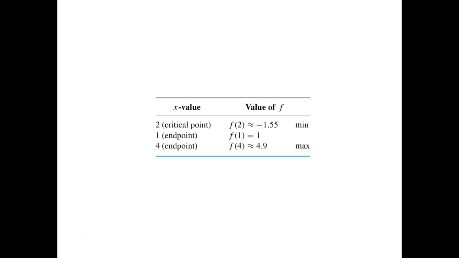Your one and only critical point, because x equals 0 is outside the range of the domain, x equals negative 2 is outside the domain, so we only have one value of your critical points that was inside the domain, and the endpoints of the domain. So this gave you your negative 1.55, positive 1, positive approximately 4.9. Okay.